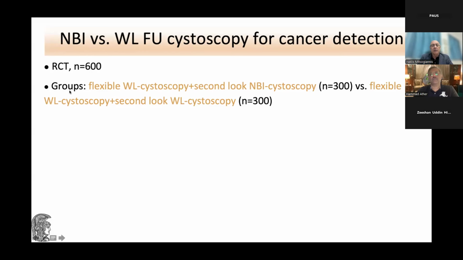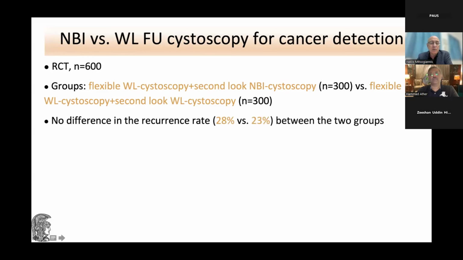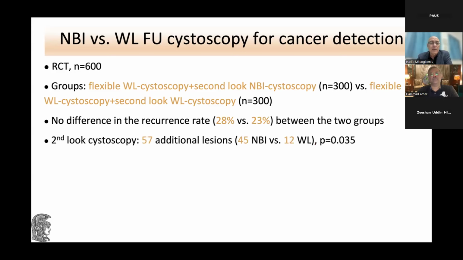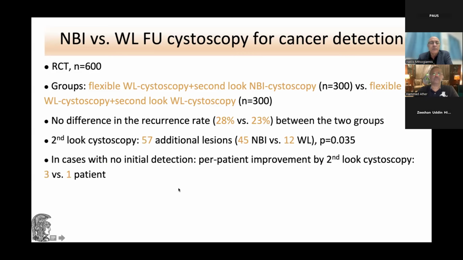In the second group, again, a white light cystoscopy, and at the same time, a second look, a white light cystoscopy. So what they found was that there was no difference in the recurrence rate between these two groups. The second look cystoscopy revealed 57 additional lesions, and the number that were revealed with narrow band imaging was significantly more than the other group.